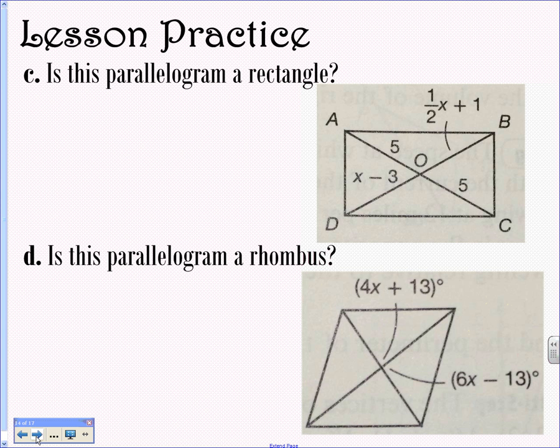Yeah, the angle doesn't equal 90 degrees. You got x equals 18? So 13? I got x equals 18.